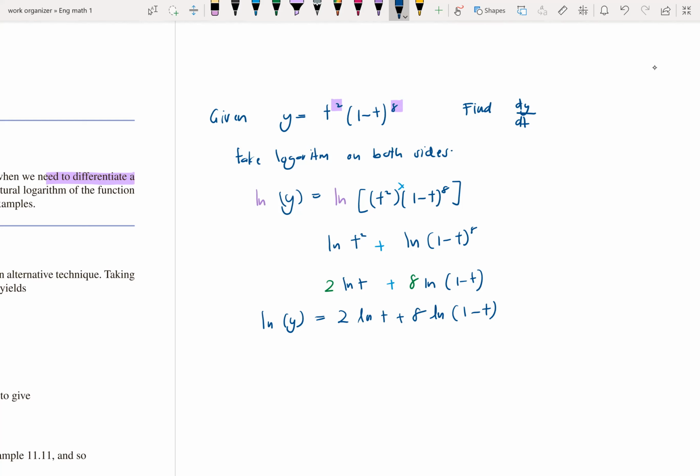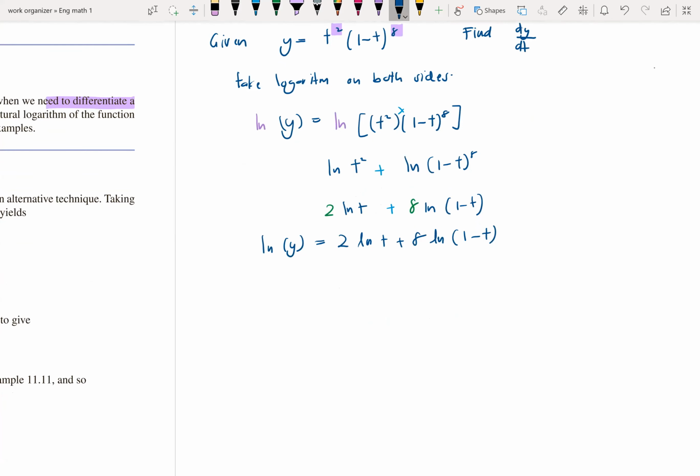Okay, so we are going to differentiate the left hand side and the right hand side.